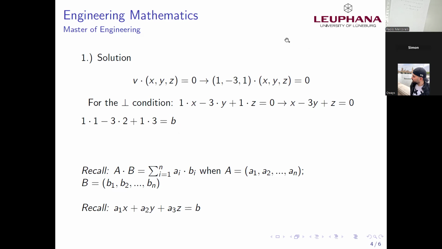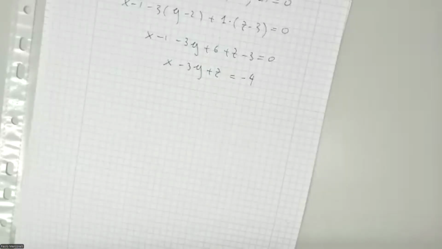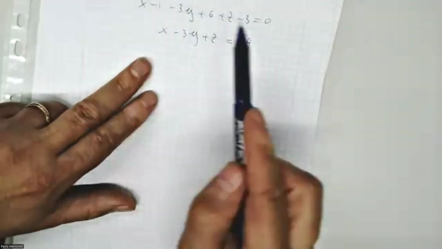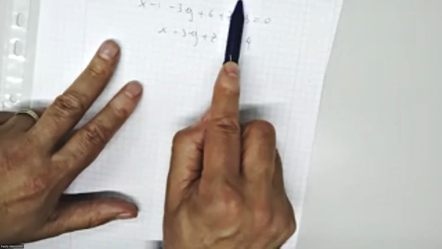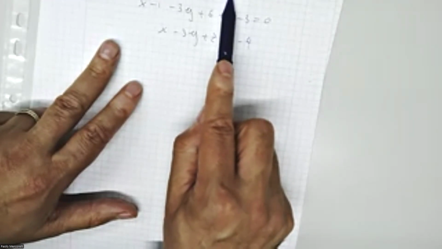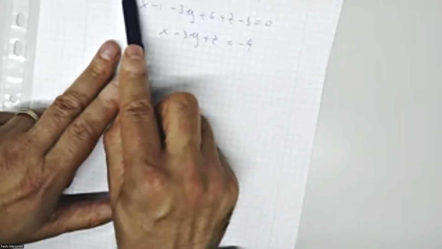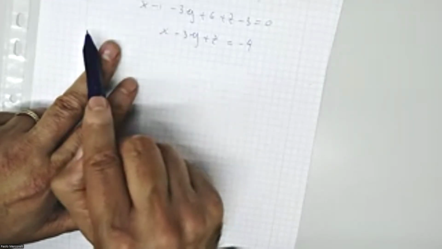This means we have an error here somewhere. I don't see the error here. It's plus 3 and not minus.